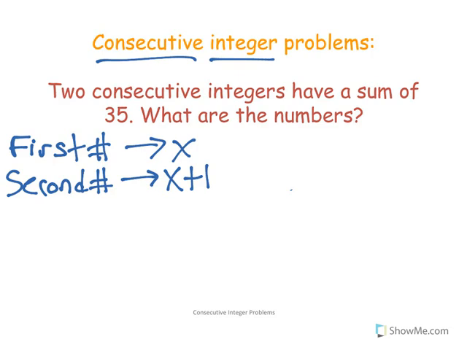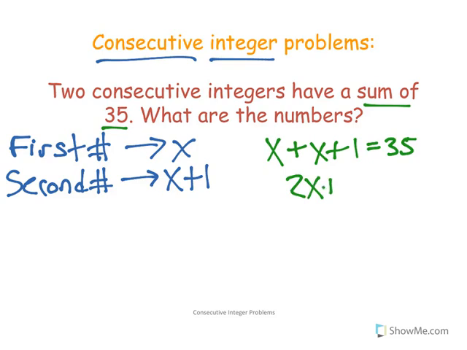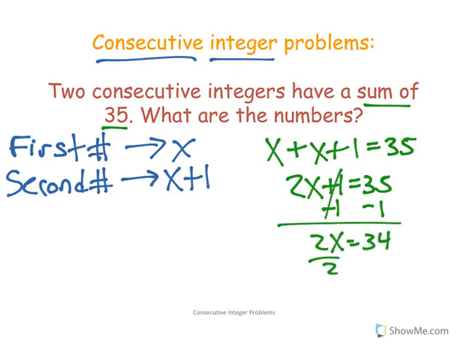Okay? Just something to think about because it will come up. So these two consecutive integers, x and x plus 1, have a sum of 35. So x and x plus 1 add up to 35. Well, that should be pretty easy, right? Because x plus x is 2x when I combine the like terms, which tells me 2x is equal to 34, which tells me that x is 17.